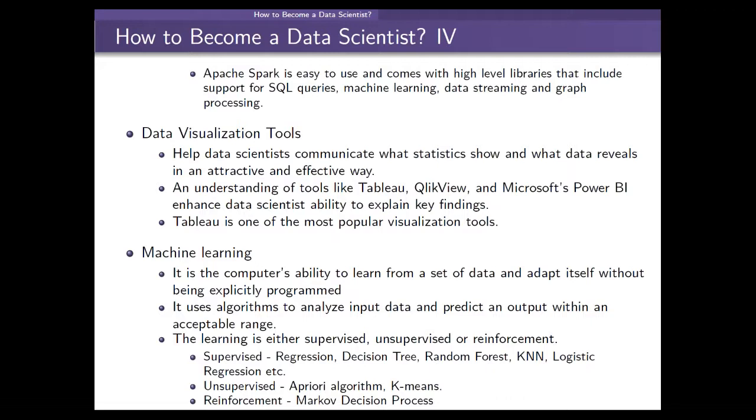You want to put your data into some category. For example, clustering is an example of unsupervised learning. Two well-known algorithms for this are the Apriori algorithm and the k-means algorithm.